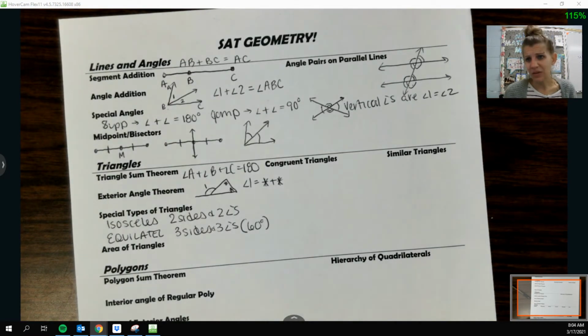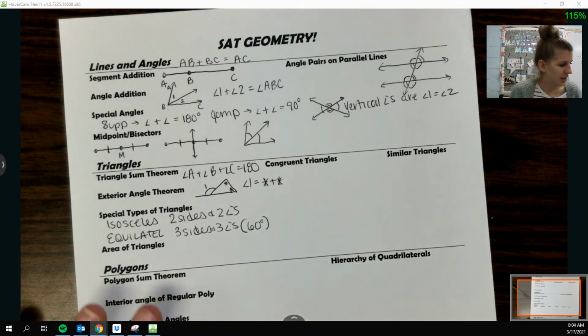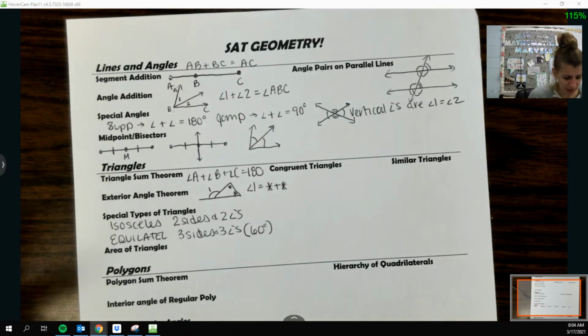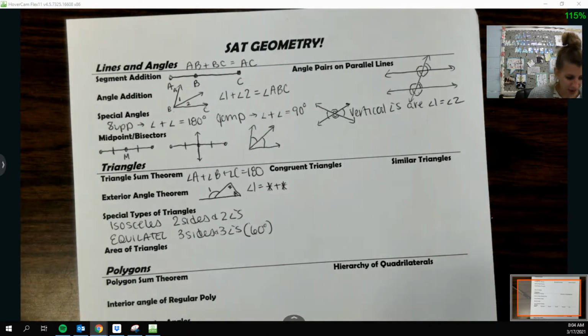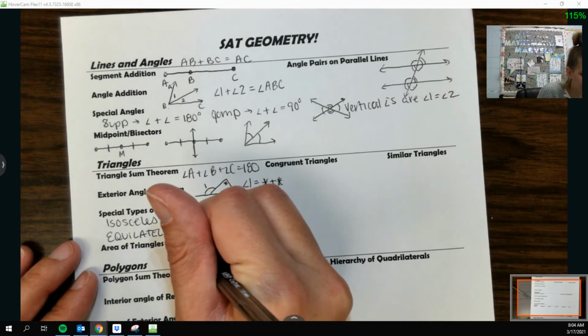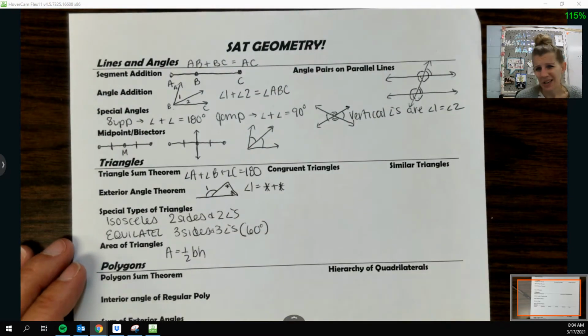You also have scalene, which is not super special, but scalene is where they're all different, so I'm not going to write it. We also can find the area of triangles, although I feel like I should have put that down with all my other area stuff, but oh well. Area of a triangle is half base times height, and I'm pretty sure that that is on your formula sheet. Probably not that you need it.